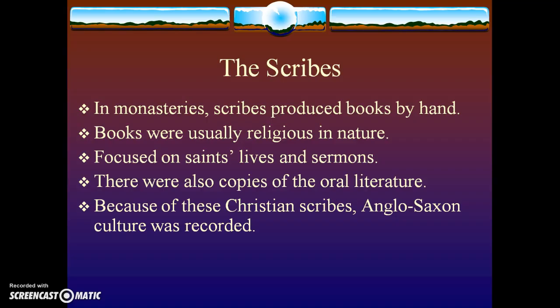Since most of the population didn't know how to read or write, oral information was still really important. Now, because of these Christian scribes, however, Anglo-Saxon culture was recorded for us today. A lot of the stories and songs have died out and fallen to the wayside, but that written information has survived until today.